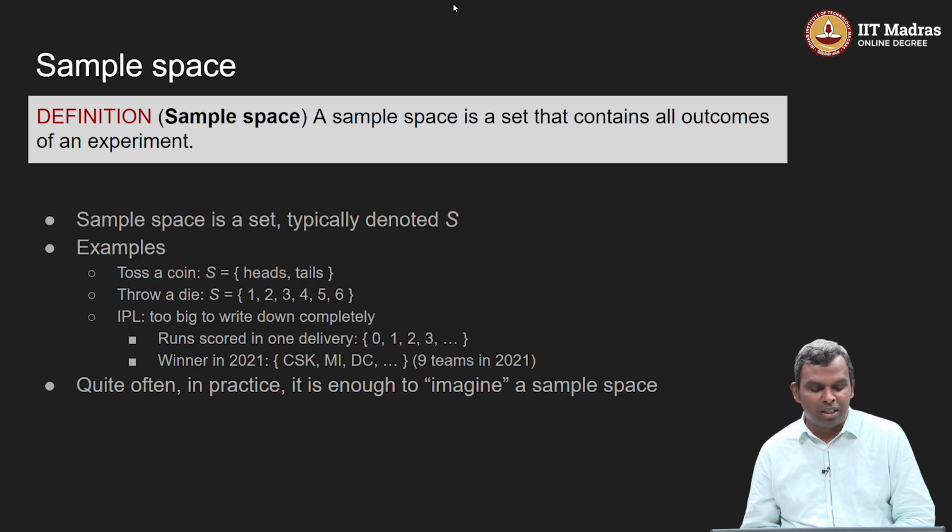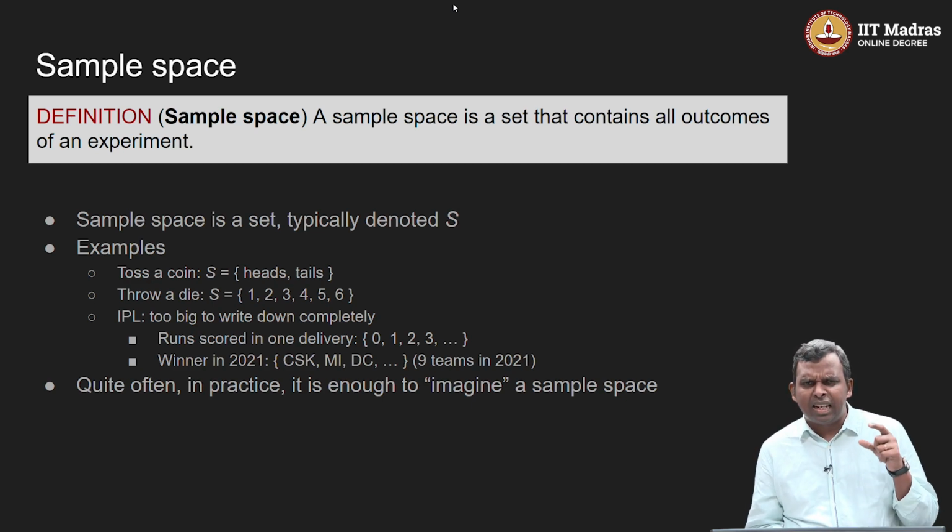That's easy to do. Or maybe you're interested in just the winner in IPL 2021. In that case, if that's the only detail you care about, then your outcome is very simple. I read recently that there are 9 teams that are going to be playing in IPL 2021, and you might want to list out all the teams into your sample space.